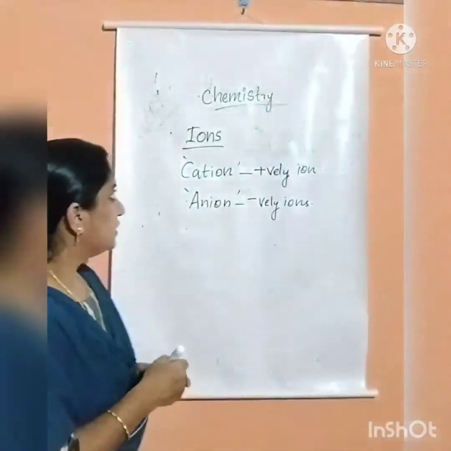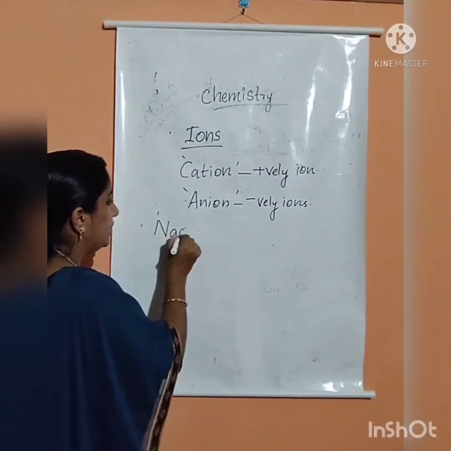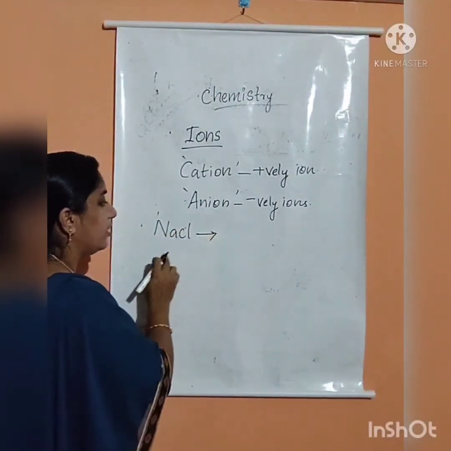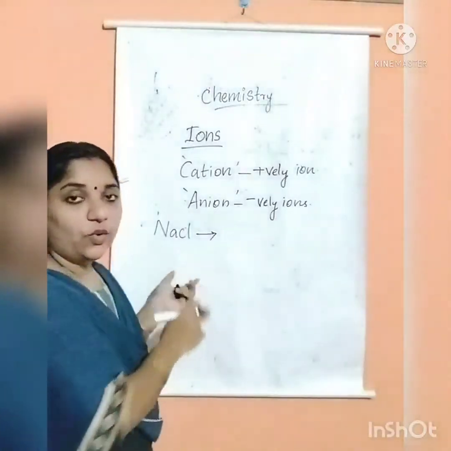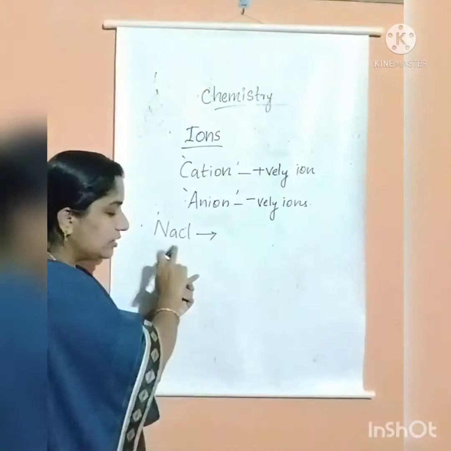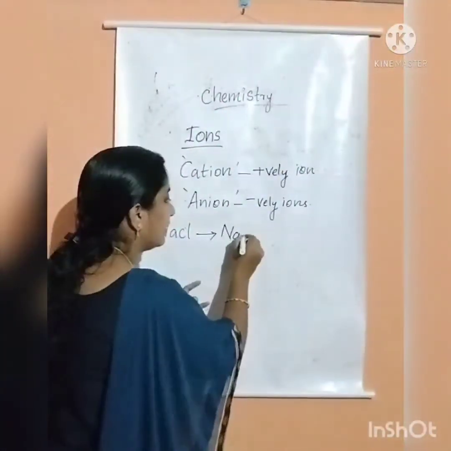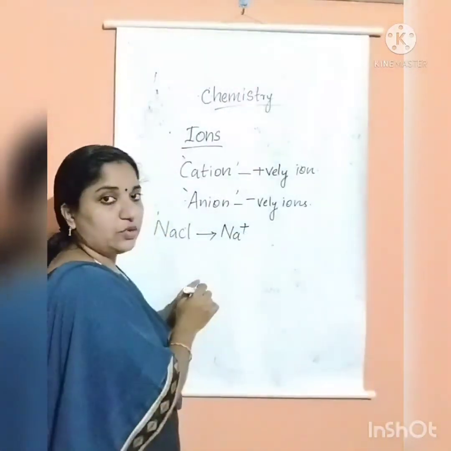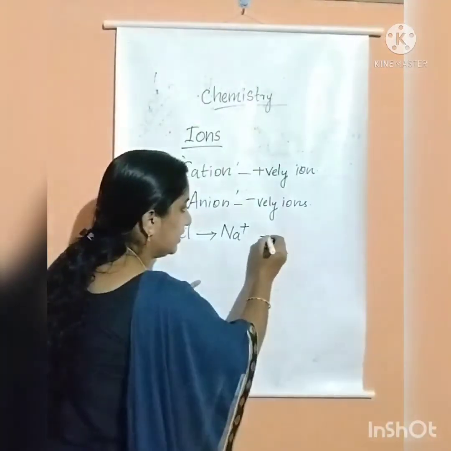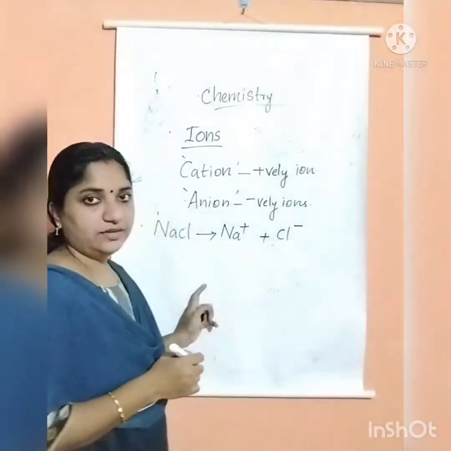Okay, we can check one example. Sodium chloride is an ionic compound because it contains sodium cation and chlorine anion.